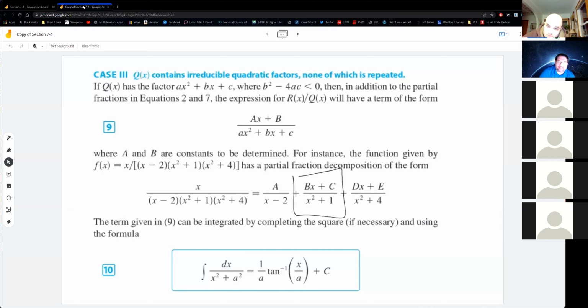So that rule down the bottom is going to be what our integration is going to be for that. You'll see how that's used in the next problem, so you definitely want to have that rule written down.